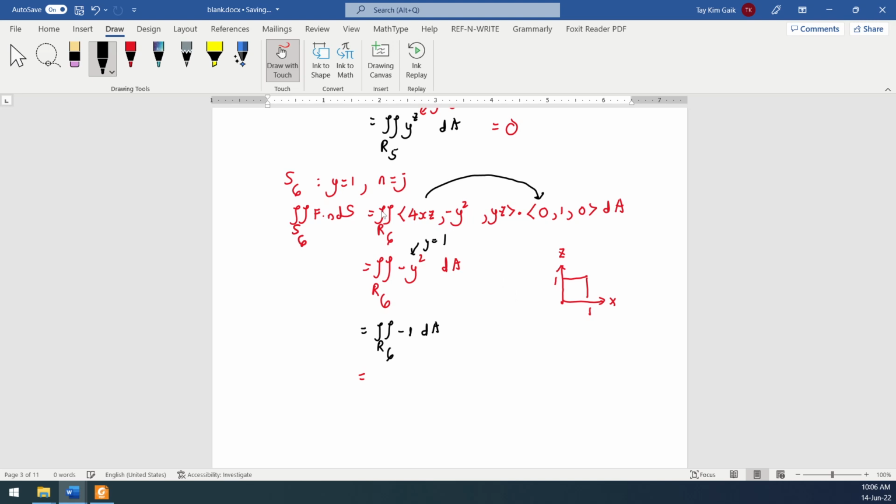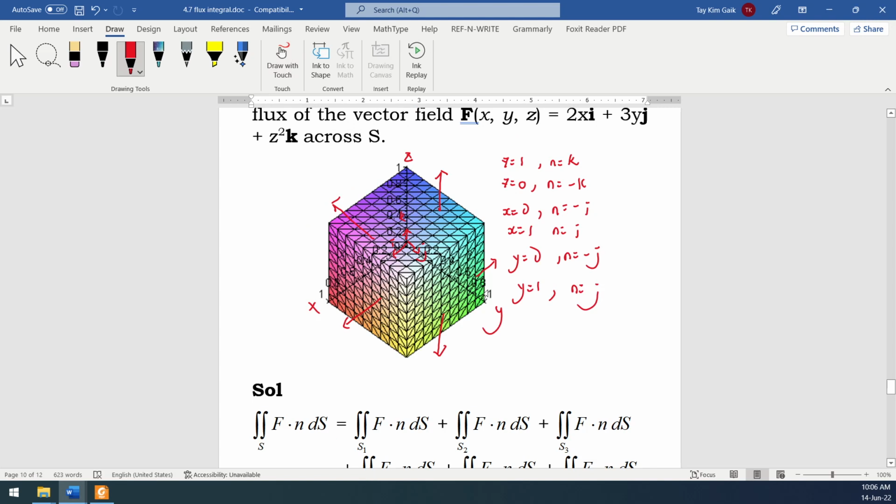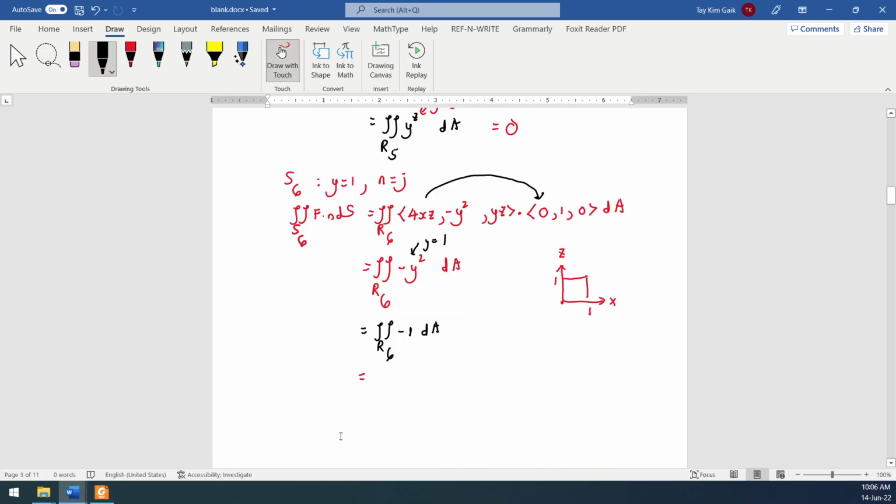where the projection on y equal to 1 is a wall at the right hand side. Press it, you will get the zx plane. So the limits are 0 to 1, 0 to 1. So negative 1 dz dx. We use a vertical dz dx.